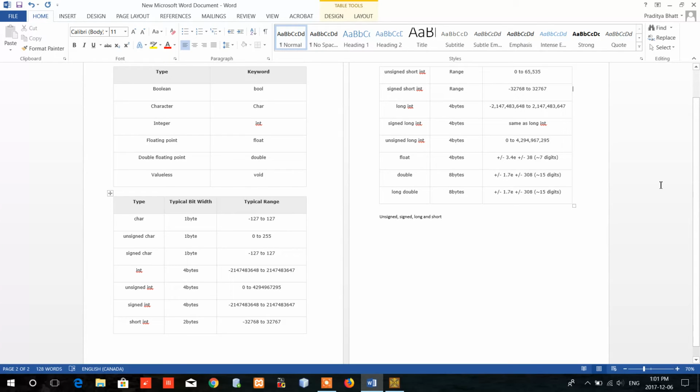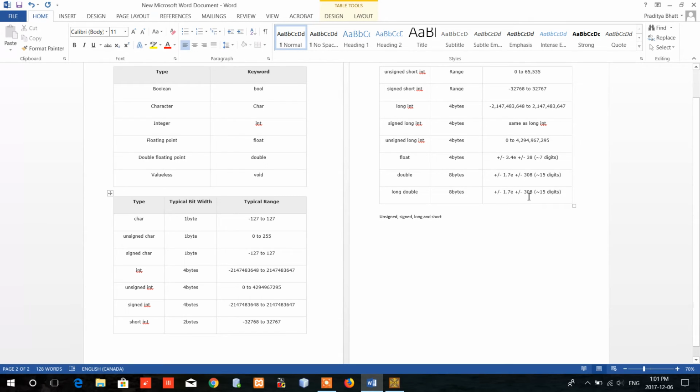Long int and int do not have any specific difference, but if you want to use a floating point value which is bigger than the normal float and smaller than double, you can use long float, which will increase your range to maybe 10 digits in the float and you can save some memory there.